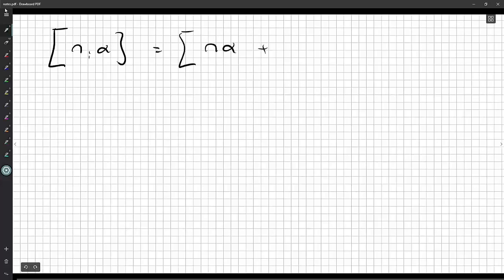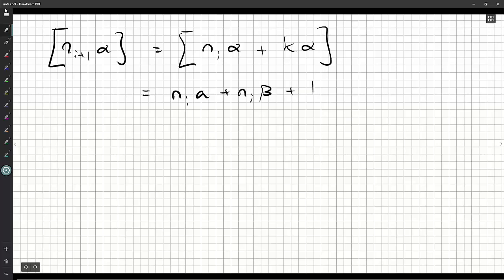So this is n alpha plus, let's say it like this. n_(i+1) alpha is n_i alpha plus k alpha. So this is n_i alpha plus n_i beta plus k alpha plus k beta.